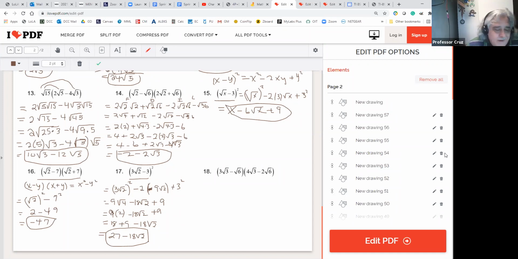So that next one, I mean, there's only one choice. You just got to FOIL it out. They're not the difference of squares or the sum of squares. So what happens with that one?